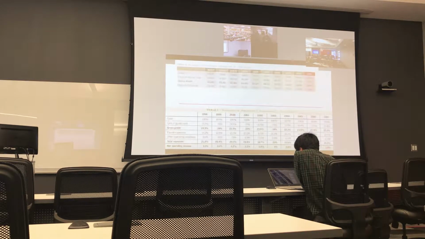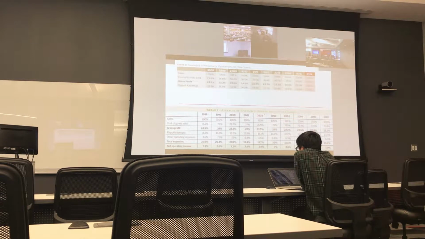So again, here was some information from the new one, and again, they show sales, cost of goods sold, gross profit at 22% or 23%. And then payroll expense is relatively 13 or 14%, and they just show that much information, whereas compared to the one in 2007, which was a 10-year average, they actually carried it all the way down and showed operating expenses, total expenses, and net operating income.